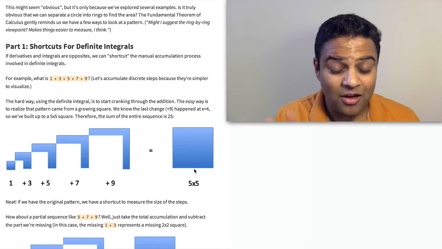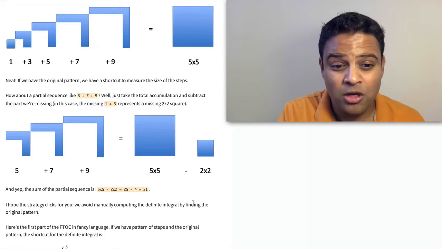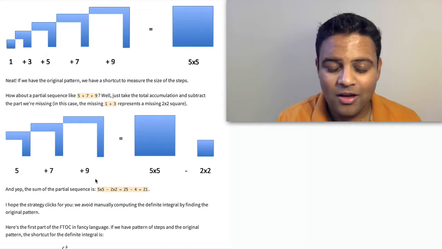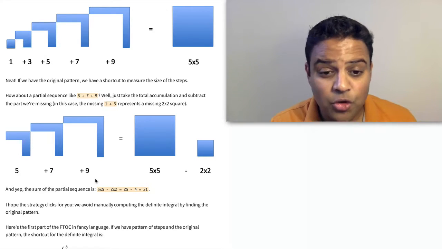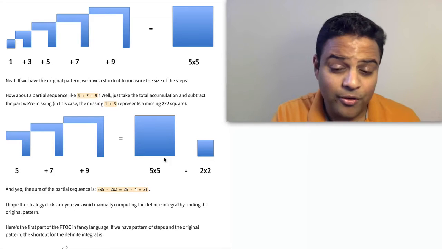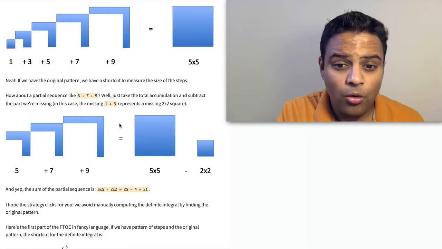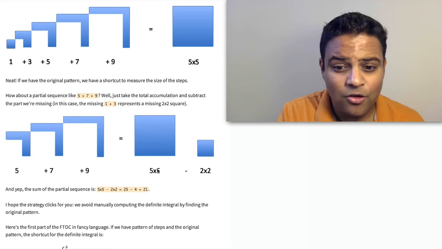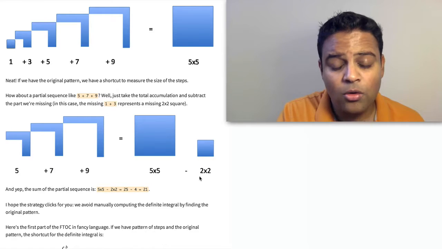And the next result of this is you can even do a partial computation. So if someone says, well, what's 5 plus 7 plus 9? That one's not too bad to figure out, but you can figure it out this way too. You can say, well, the whole square would have been a 5 by 5. We removed this beginning part, the 1 plus 3. So you subtract it away and you get 25 minus 4, or 21.